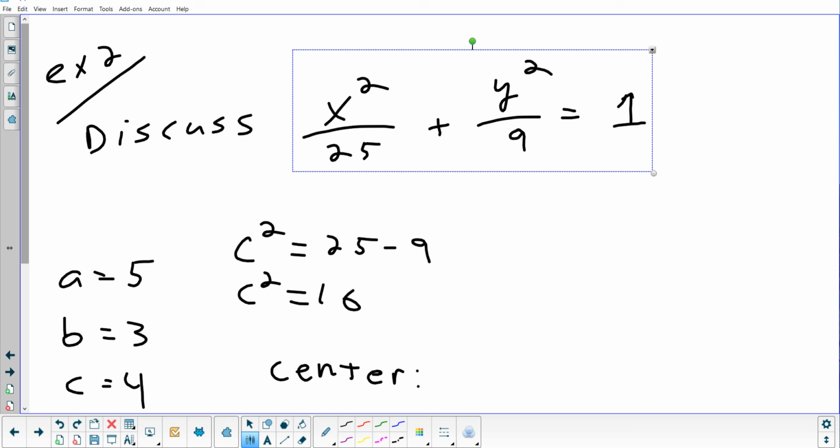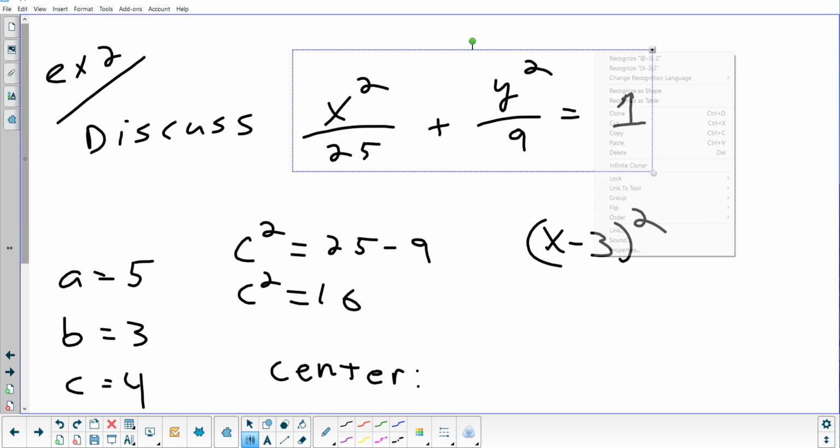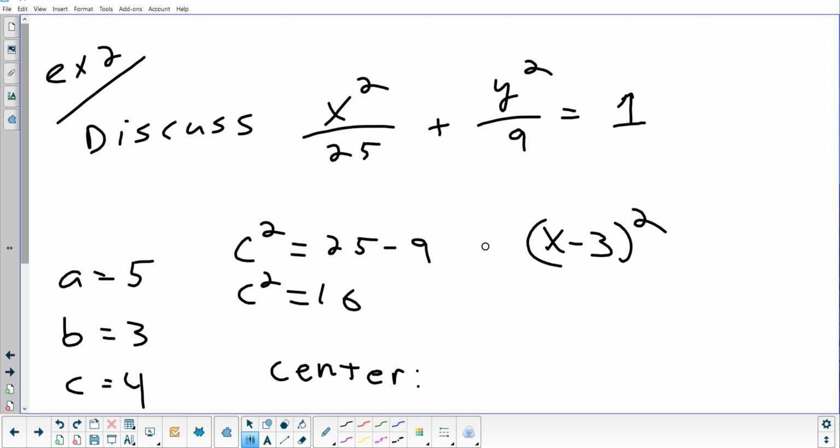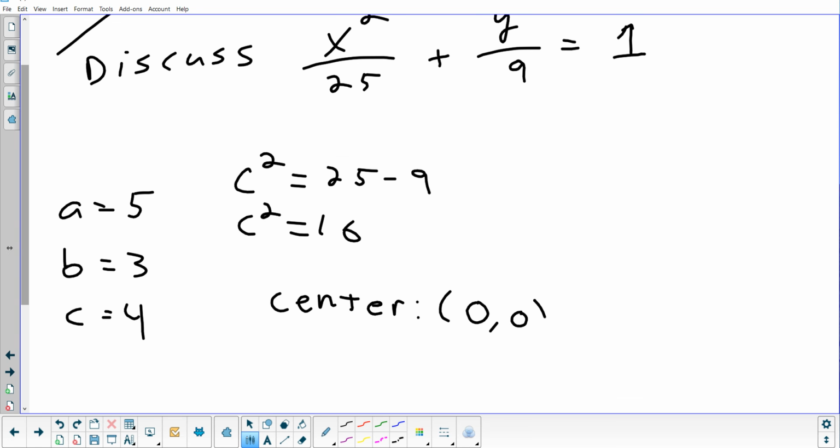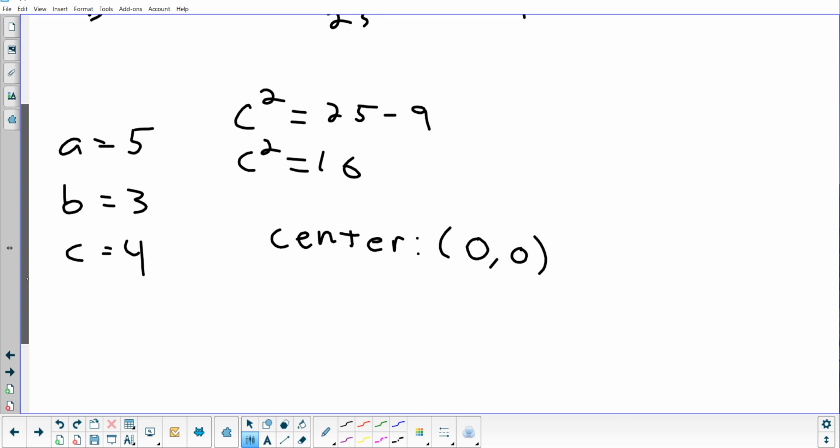Yep. 0, 0. When you see a minus, like if you saw something like this in one of the numerators, then you know your center has been shifted 3 units. But there's no numbers in the numerator. That means the center is 0, 0. Okay, so we got that.